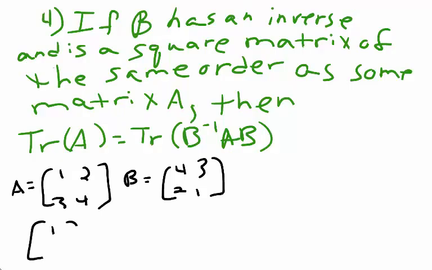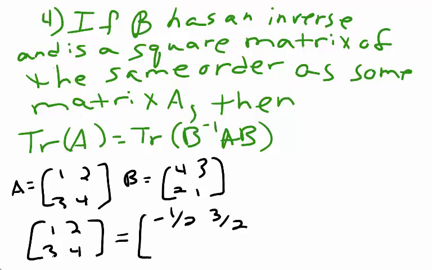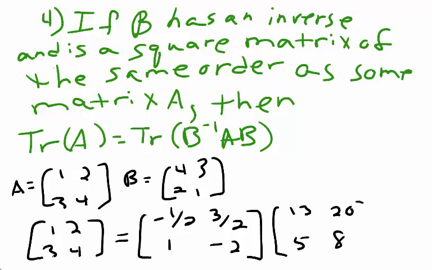The trace of A will be found with matrix A, and then we'll set that equal to the inverse of matrix B, which is negative 1/2, 3/2, 1, and negative 2, times the product of B times A, which we found to be 13, 20, 5, and 8.